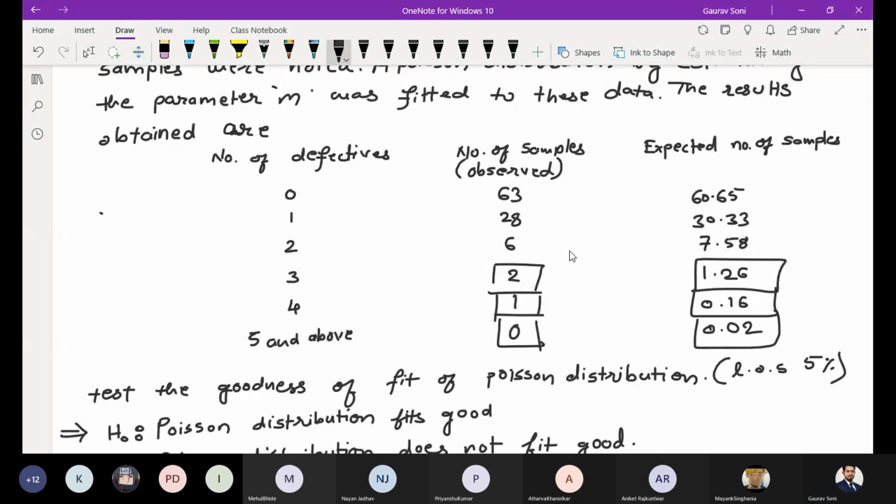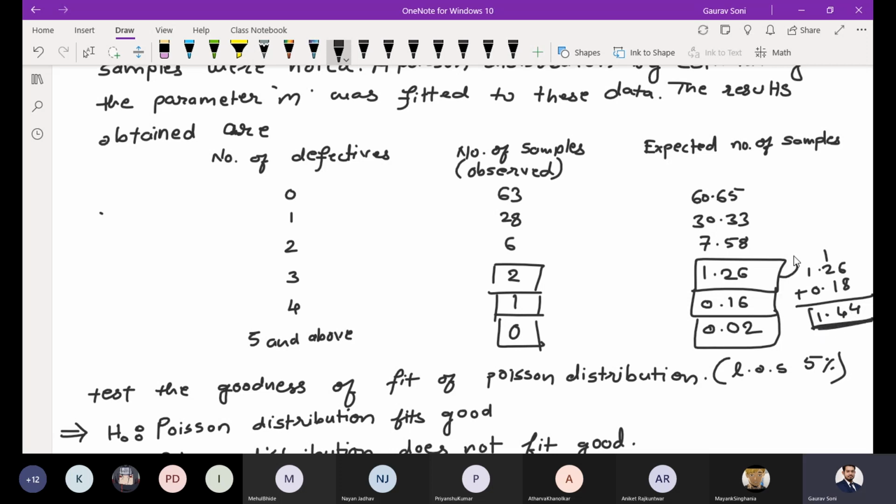Now the expected frequencies for the last 3 classes are less than 5, so you go on adding to the previous one. 0.02 added to 0.16 is 0.18, added to 1.26 gives 1.44, still less than 5.